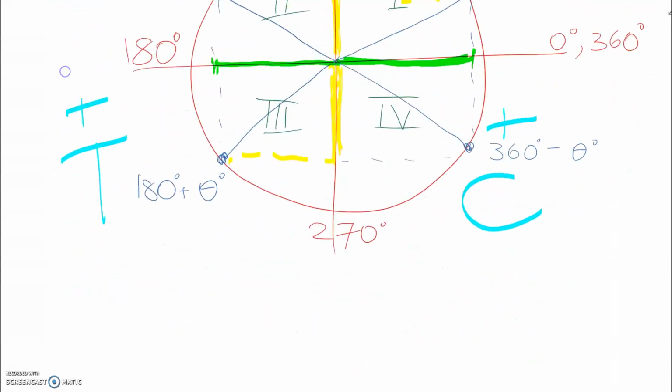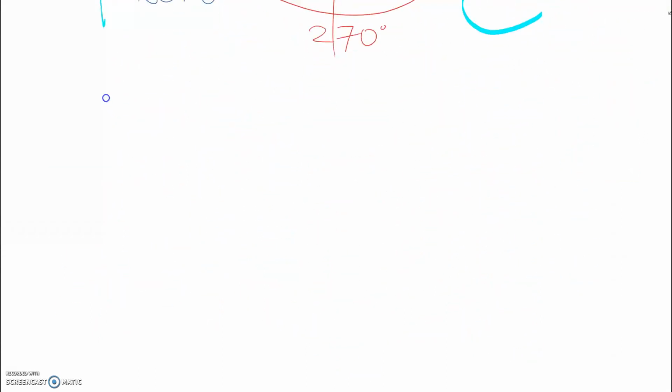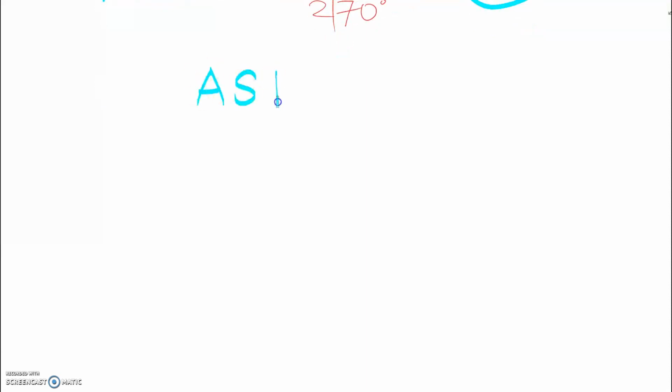Now what we usually do is we summarise that in what's known as the ASTC Circle. Now because we are in New South Wales, not far from Sydney, the little way we remember that is all stations to Central. Okay, let's draw it.